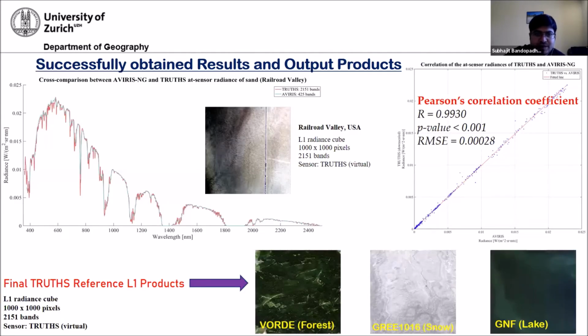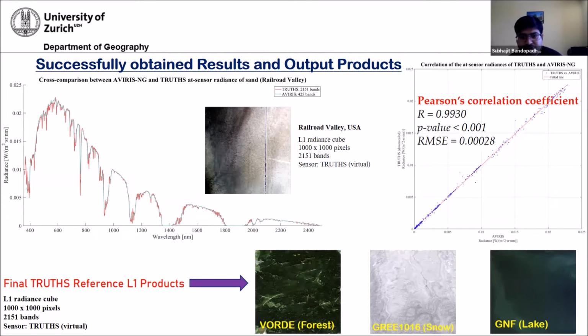Then finally we obtain the results, and you can see we have a very good correlation between the original data of AVIRIS NG and the further simulated TRUTHS sensor radiances. This is a result from the Railroad Valley sandy area in the US, and we have a good correlation between the original data and the simulated calibrated data.